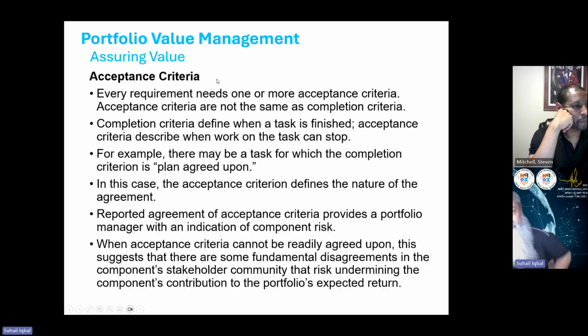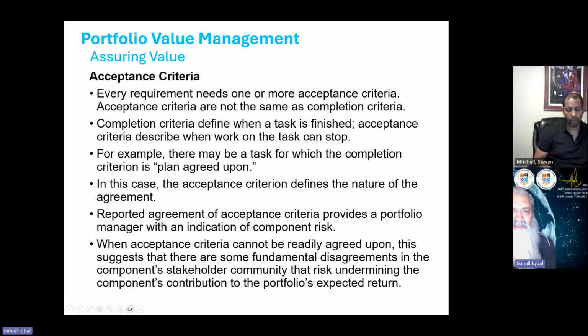Similarly, acceptance criteria is a big check, because acceptance criteria means that if that passes, the deliverable or whatever benefit is, that would get accepted, right? So acceptance criteria could be created with a lot of care and could be reviewed by the portfolio manager for assuring value purposes. Every requirement needs one or more acceptance criteria.